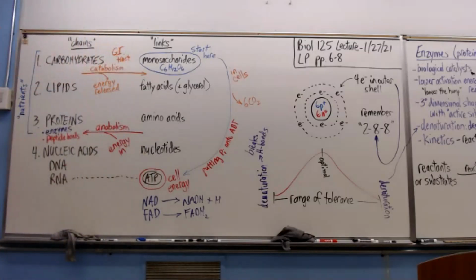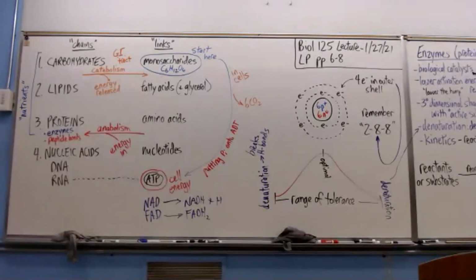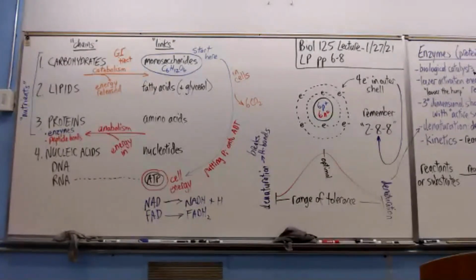Okay, so this is the left bank showing you the 4 biologically important macromolecules with the links and the chains, catabolism, anabolism. All enzymes are proteins. Proteins are formed by peptide bonds.